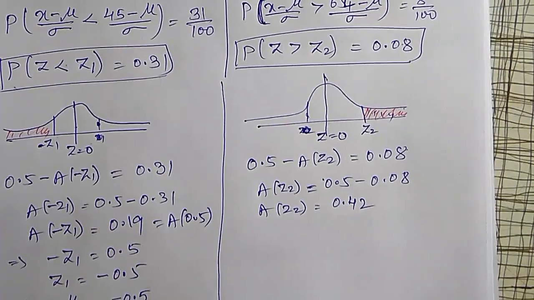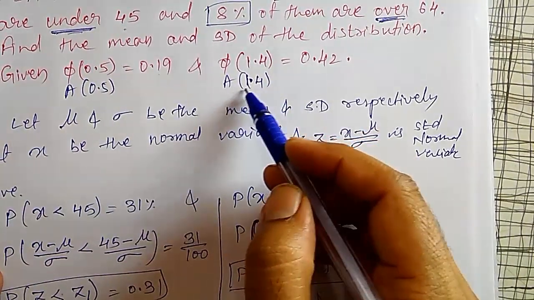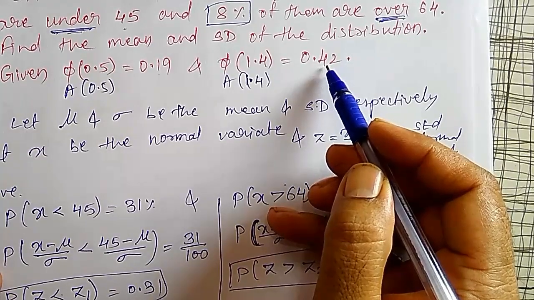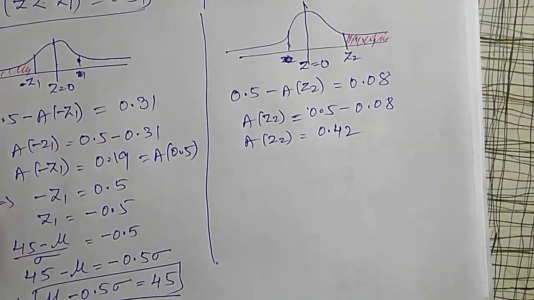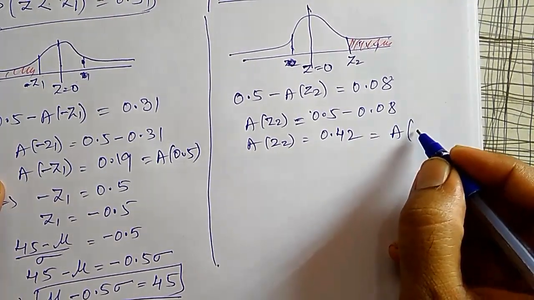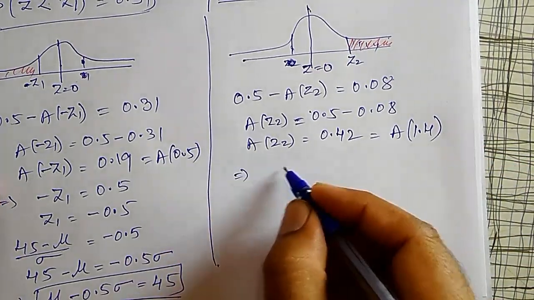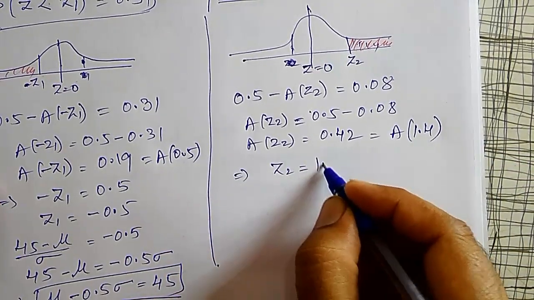Then for which value of Z2 is the area going to become 0.42? In the problem itself they have given A of 1.4 equal to 0.42. Using this, I can write this is equal to A of 1.4. Therefore, Z2 is equal to 1.4.